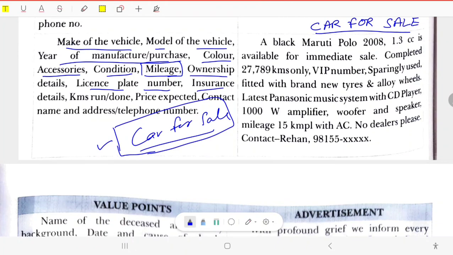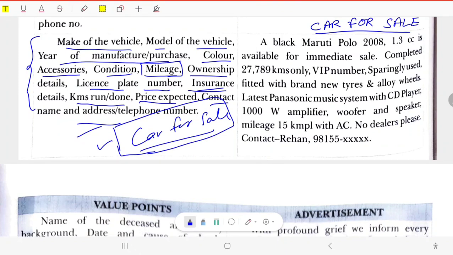Suppose your car's insurance is for 1 year, it gives a plus point that the insurance is not going to expire soon, so you may demand a little extra. How many kilometers it has done, what price you expect, and contact name and address. These are the value points. When you are awarded marks, this information should be included in your advertisement.